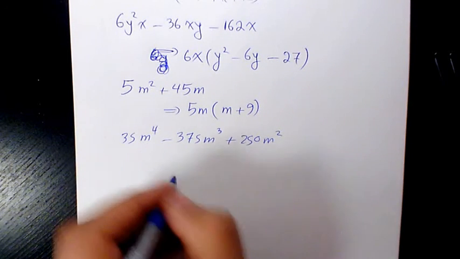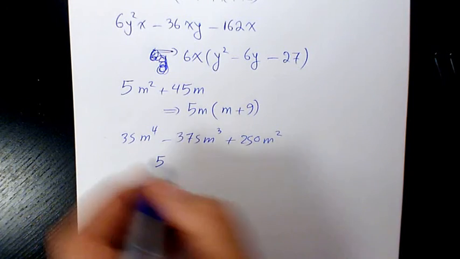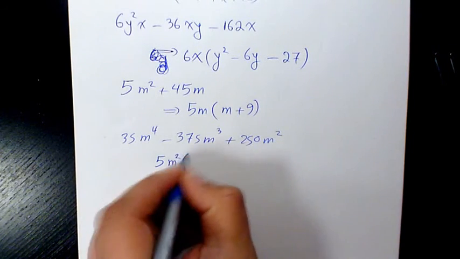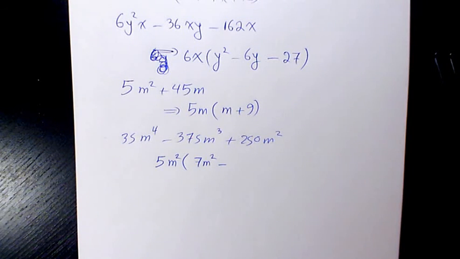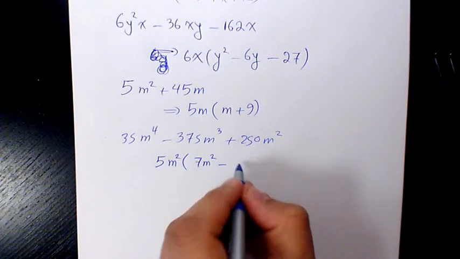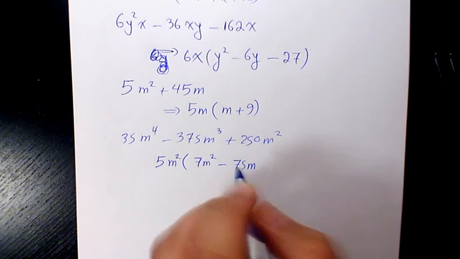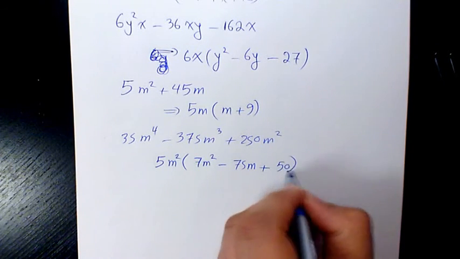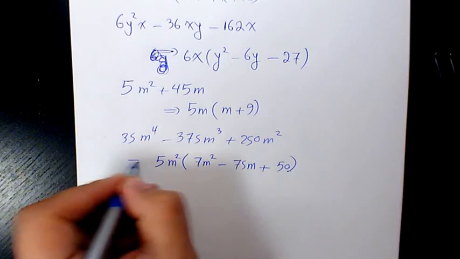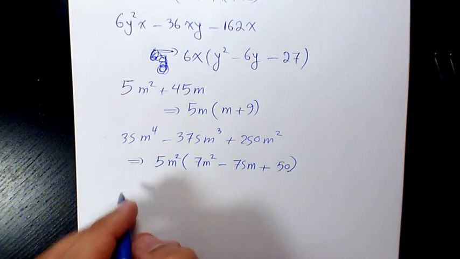So we can divide it by 5, and m squared is going to be 7m squared minus 75m, since 375 divided by 5 is 75, plus 50. That's going to be the factored part.